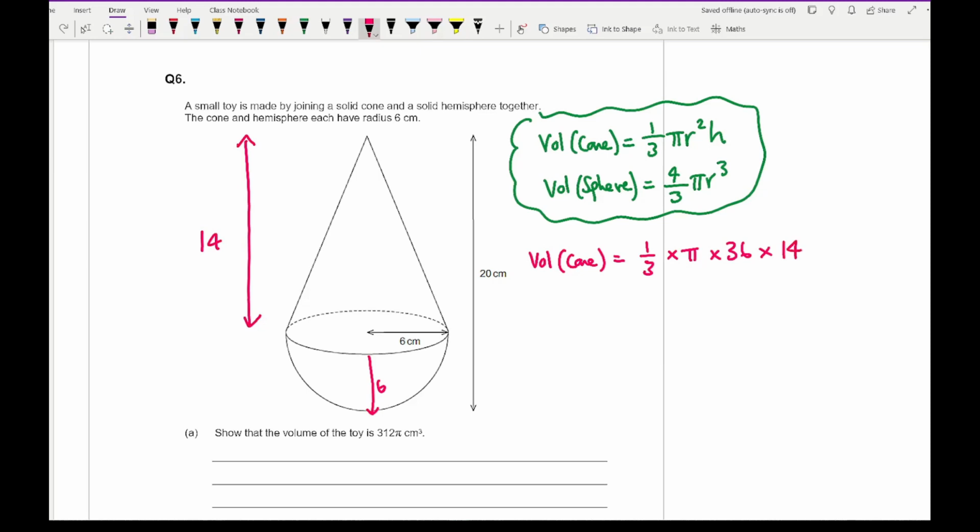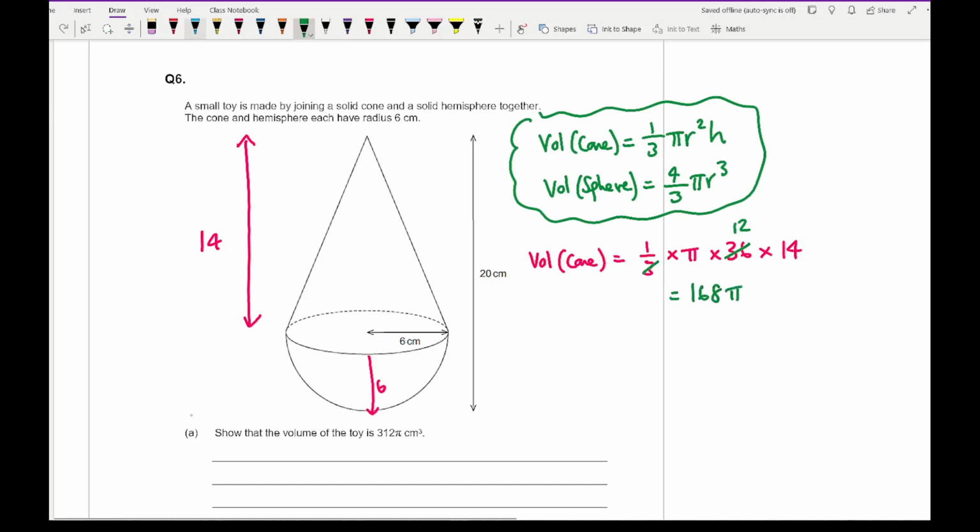So then if I type that all into my calculator, so 36 times 14, which gives me 504. However, if this was on a non-calculator, I can divide the 36 by 3, so that becomes 12, and then I'm just doing 12 times 14. So 12 times 14 gives me 168 pi.